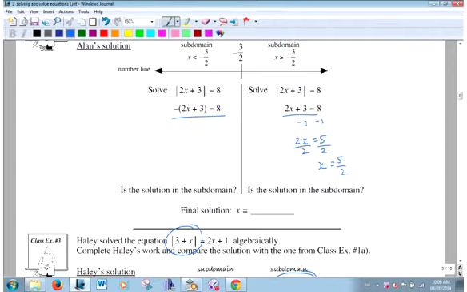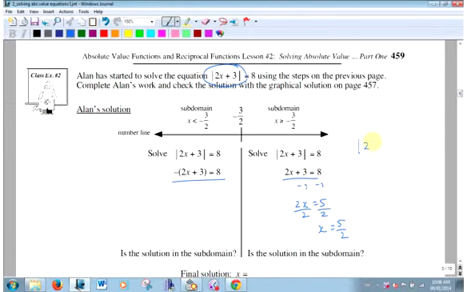If I put that back in here, the original equation, 2 times x plus 3, does the left side equal the right side? In other words, does this work? 10 over 2 is 5. Is the absolute value of 8 equal to 8? Yeah. Okay, so that one's okay.